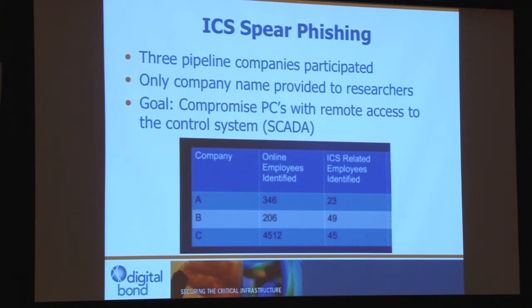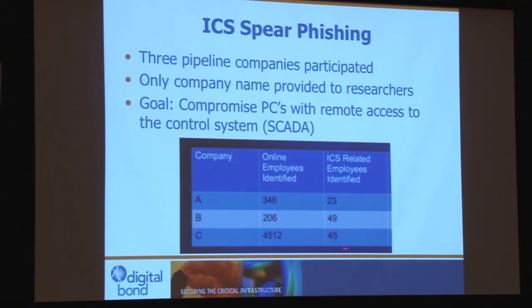So, Critical Intelligence spent about 1 day doing open source intelligence, and you see here they found a lot of employees looking at Facebook and LinkedIn, and I'm sure there's a number of other places you'd look to do open source intelligence. But it was very easy to find a large number of employees, but the key one was they were looking for employees with business titles that meant they would likely have remote access to the control system.